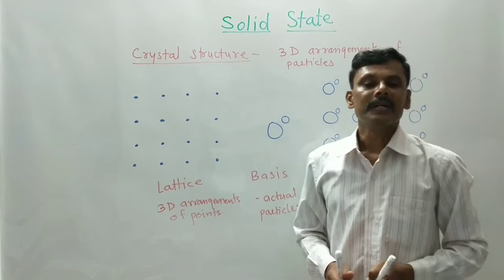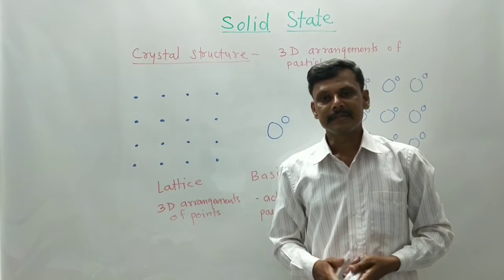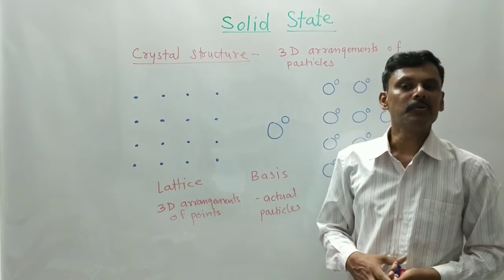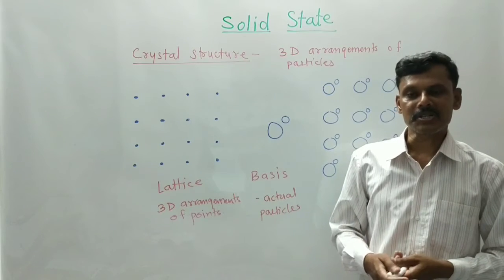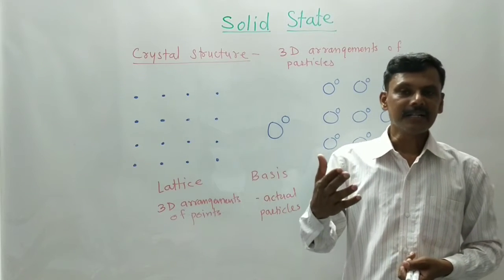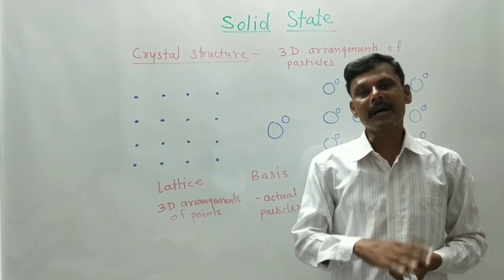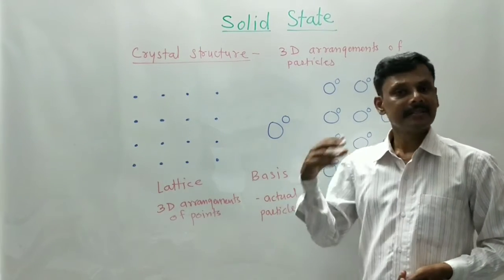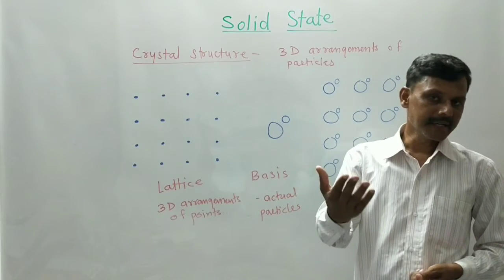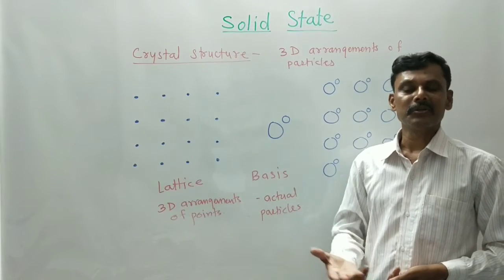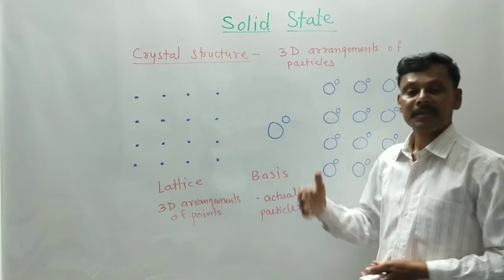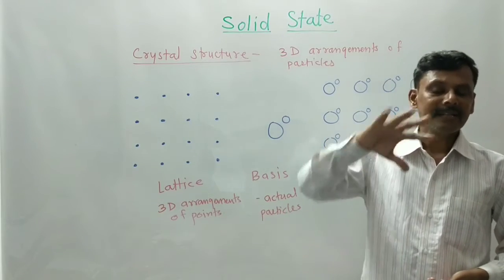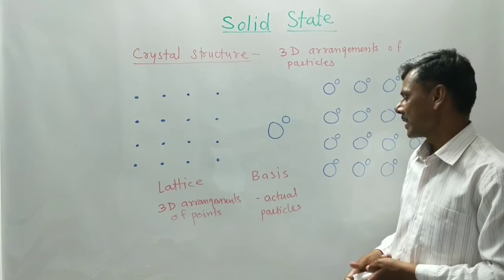Now you know, in case of solids, in the last video we saw the different types of crystalline solids, and in that we discussed the particles. These actual particles may be ions, atoms, molecules, or a metal cation which is surrounded by delocalized electrons.